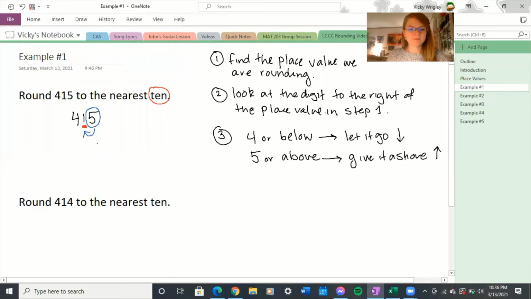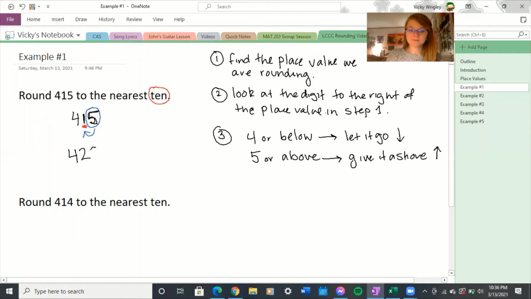So here, 5 falls into the category 5 or above. So that means the underlined digit, that's the one that we're evaluating, that's the one we're going to change. This 1, because of the 5, is going to get rounded up to 2.